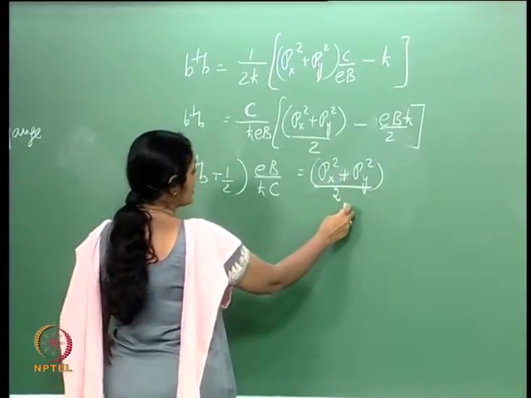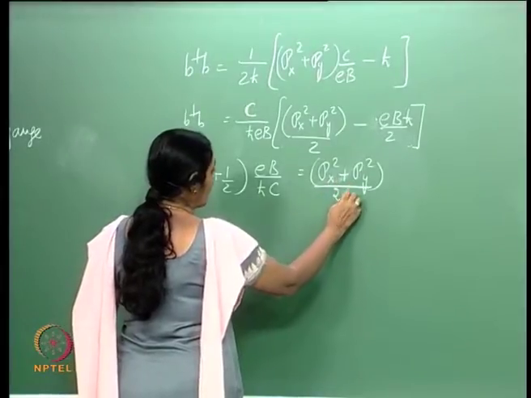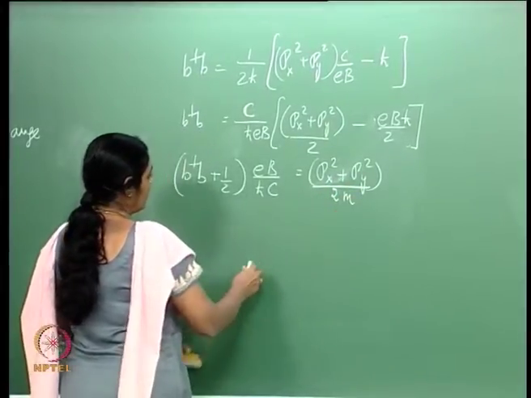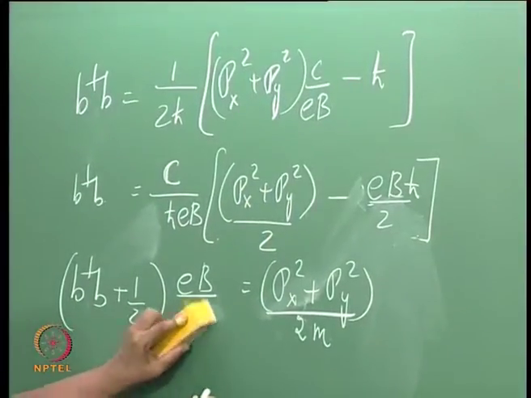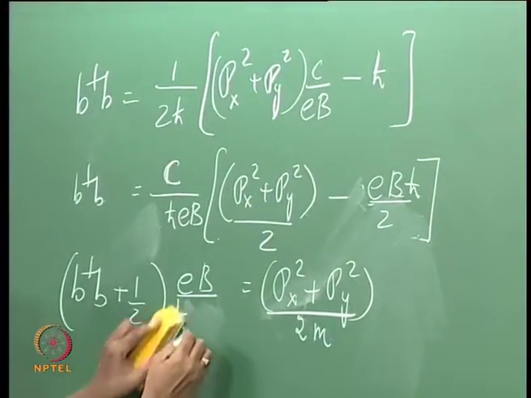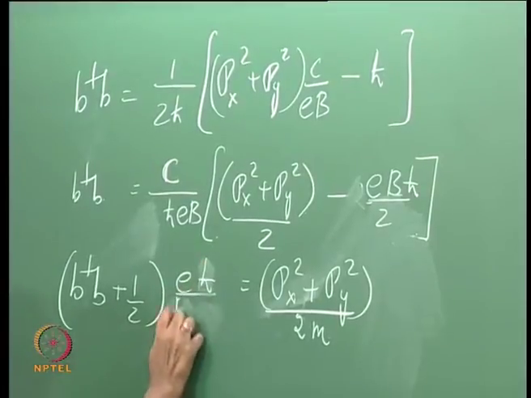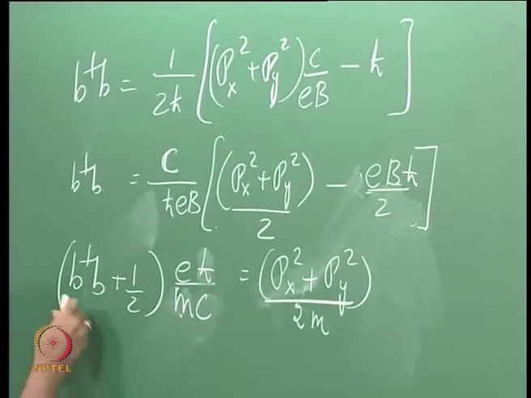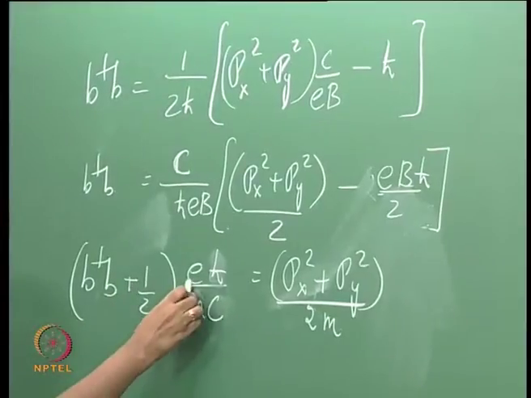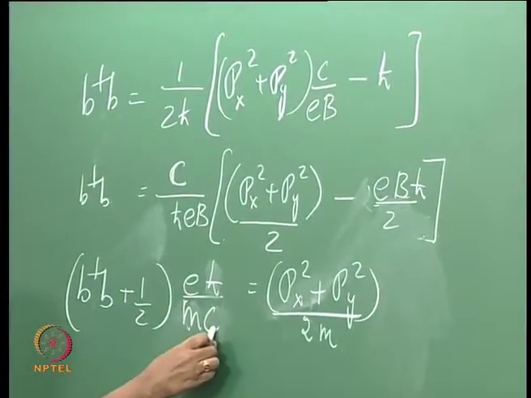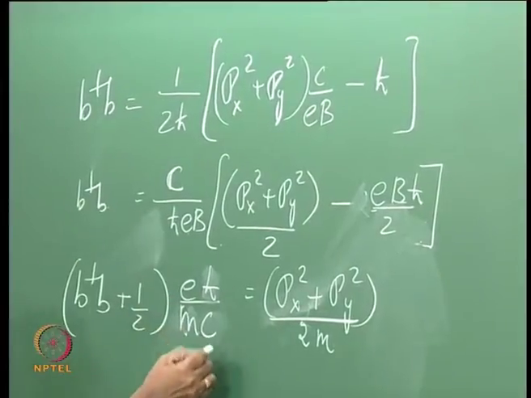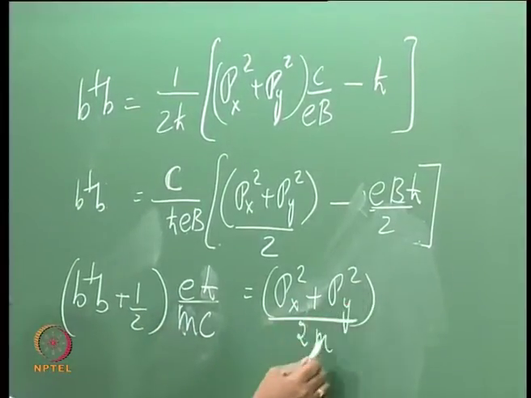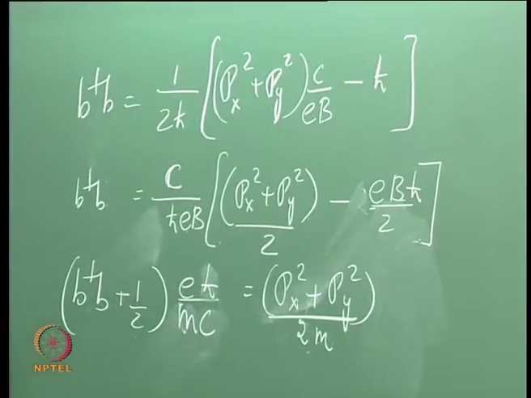What I want is Px squared plus Py squared by 2m, and therefore this is simply going to be EħB by MC, B dagger B plus half times EħB by MC. E and ħ went up there, so EħB by MC is Px squared plus Py squared by 2m.